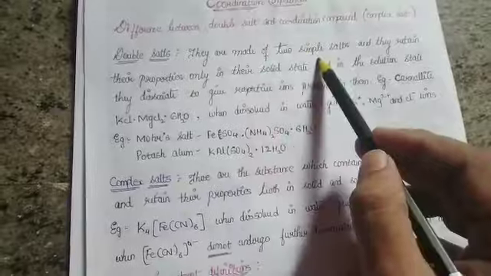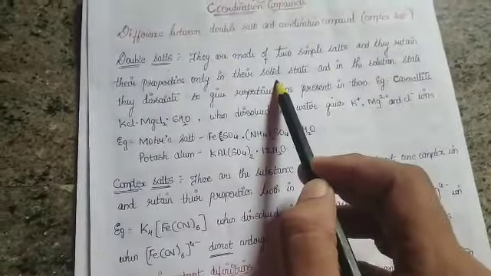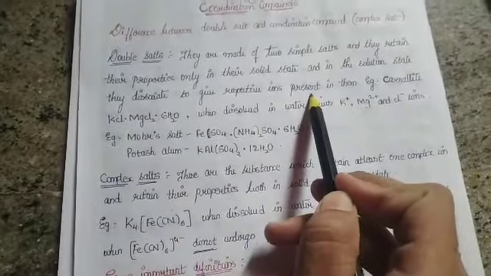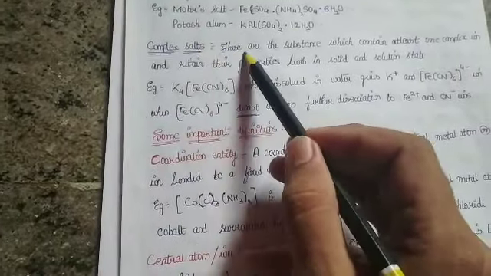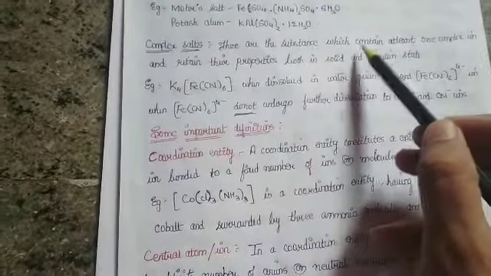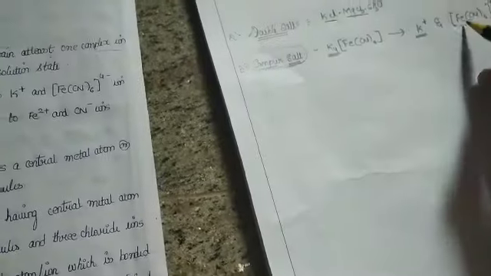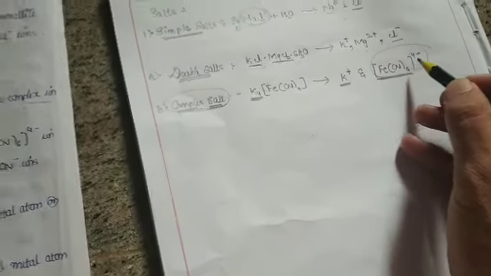So double salts are made of two simple salts and they retain their properties only in their solid state, and in solution they dissociate to give the respective ions. But complex salts are substances which contain at least one complex ion. Here the complex ion is this part, the one written within the square bracket.